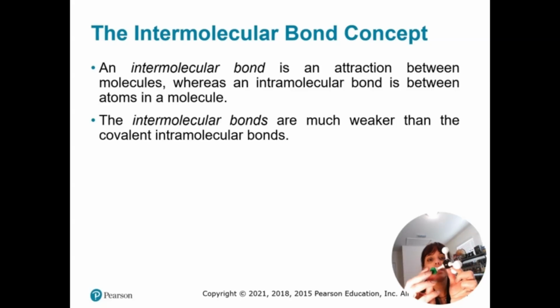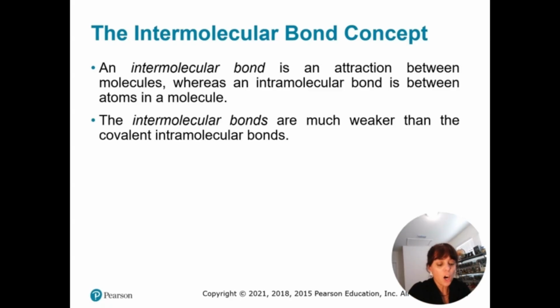However, don't get confused with intramolecular bonds. For example, if they have carbon and hydrogen over here, there's a covalent bond holding the hydrogen and the carbon together, okay? It's really hard, and I need a lot of energy to break it.